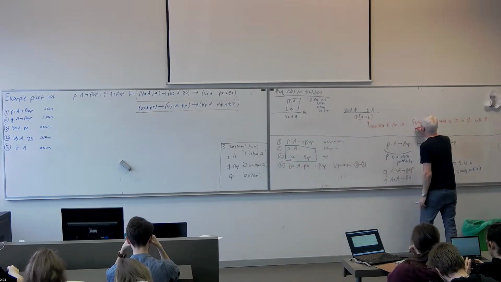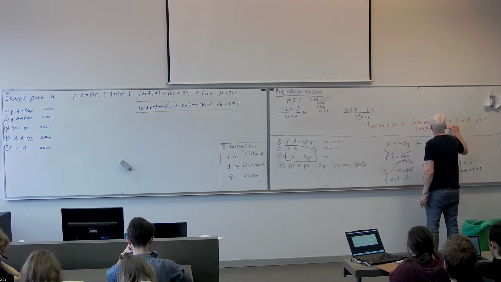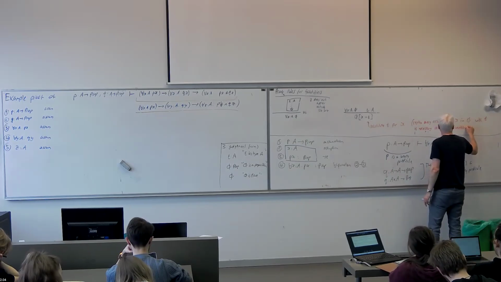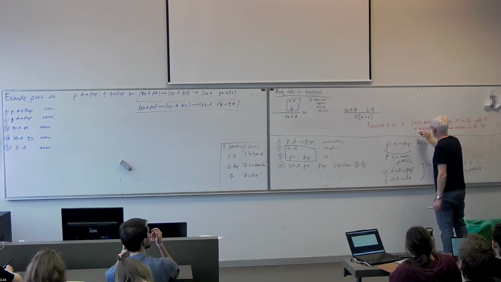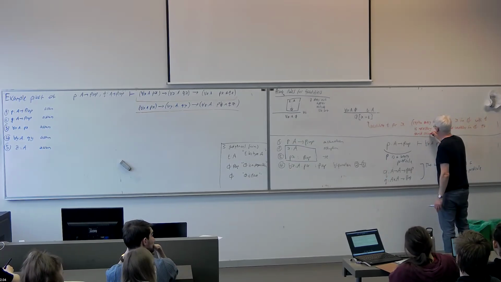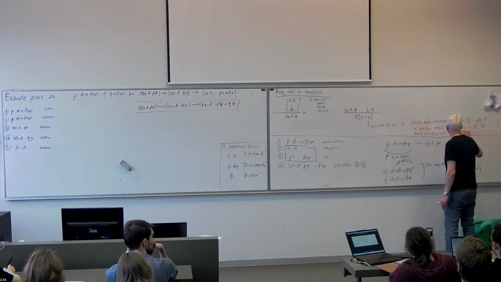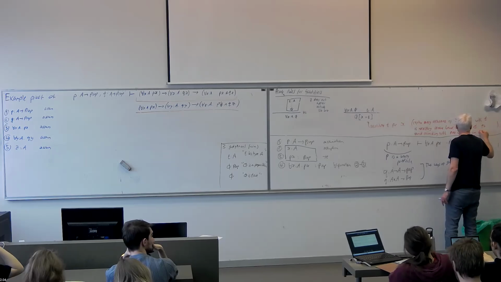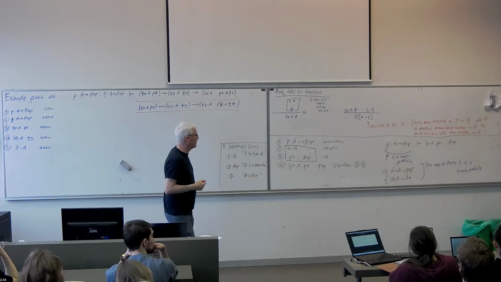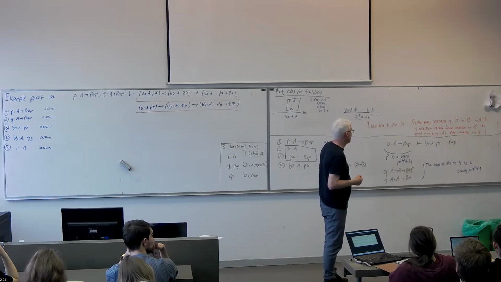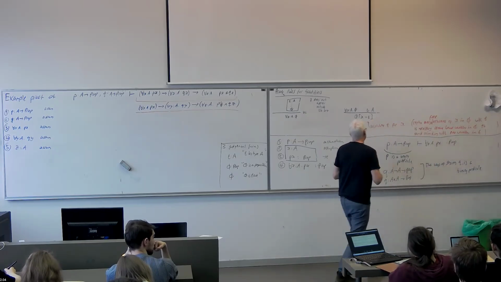So if necessary, rename bound variables in phi to avoid coinciding with free variables in t. Yes, it should replace every free occurrence of x in phi. It should. Thank you.